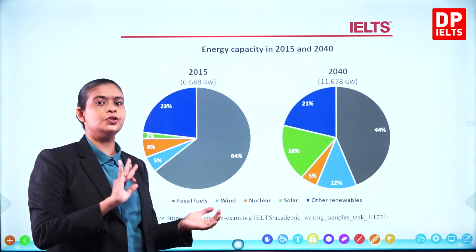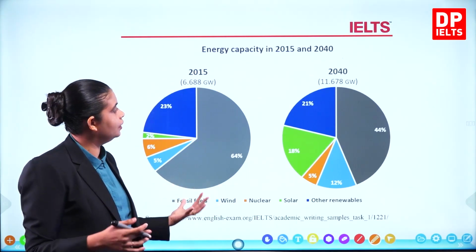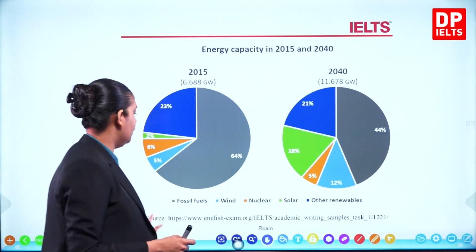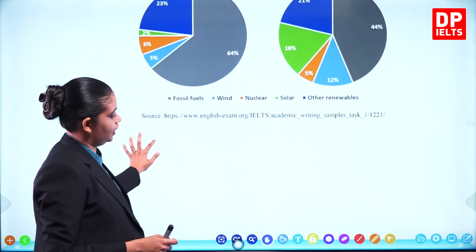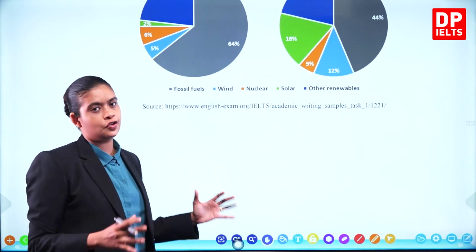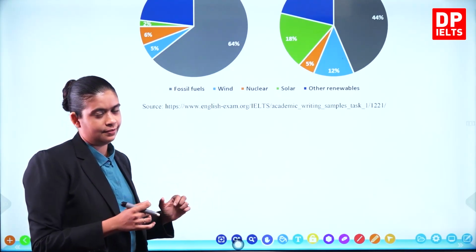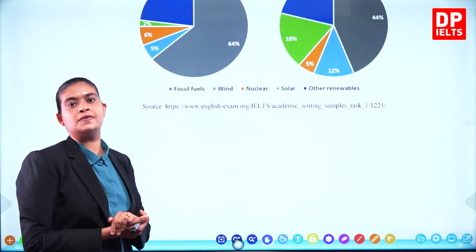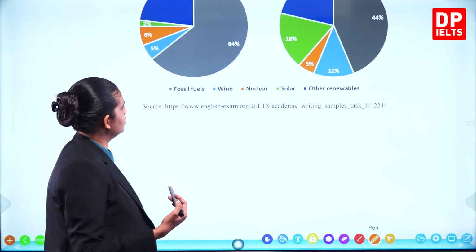So first, what should you do? Analyze the question. That's what we have done. Now you need to jot down your main trends or main features. So how many main features do you have? How would you start categorizing it? Think about it. Take a few minutes, pause the video and jot yourself some notes. What are the main features or the trends that you can see?